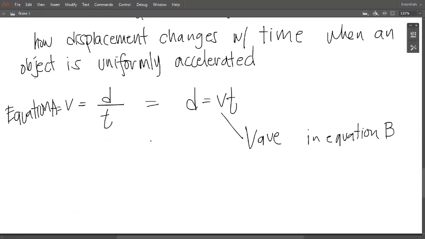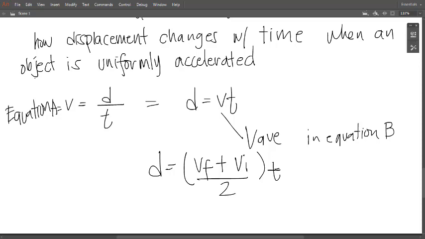Substituting the V for the d is equals to the product of velocity and time. So meaning for us to determine the displacement, we will be substituting V to average velocity. So it's equals to Vf, which is called final velocity, adding it to initial velocity, over 2, and multiplying the time.